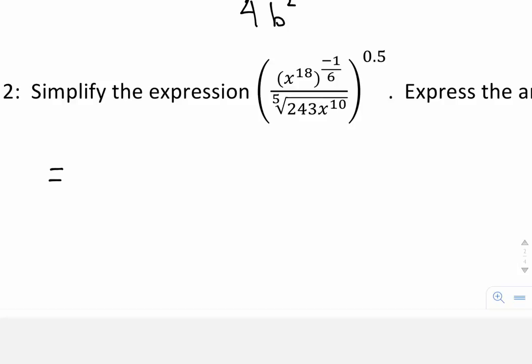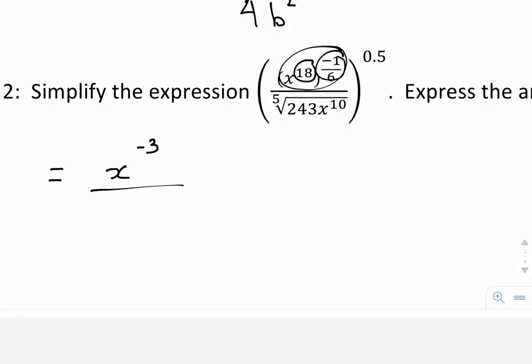I'm going to do one step at a time with my numerator and denominator. For the numerator, I'm going to begin by combining these two terms together. So that'll give me x to the exponent negative 3. Again, I'm multiplying the 18 by the negative 1 over 6 to give me negative 3.